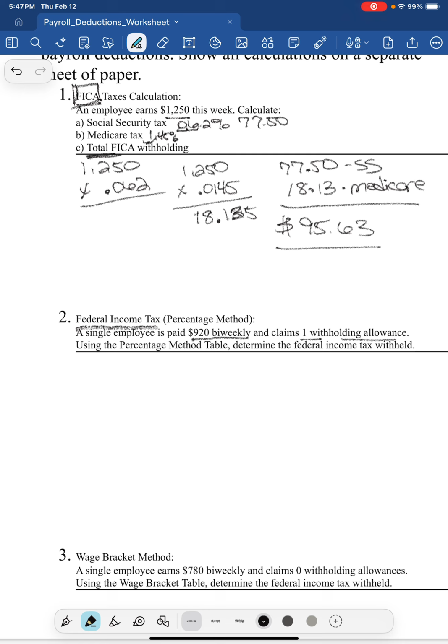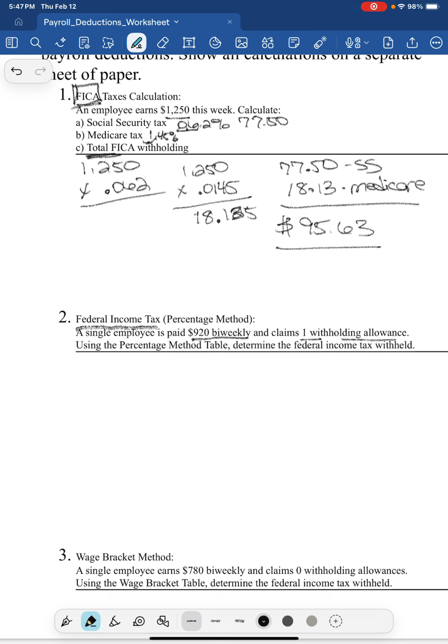If you look at the wages, in the left corner it says at least but less than. If you scroll down, you can put them in this bracket that says at least 900 but less than 920. So probably actually we need to go to the next one, 920 to 940. Then if you scroll back up to the top, you can see that it lists withholdings. There's 0 withholdings, 1 withholding.